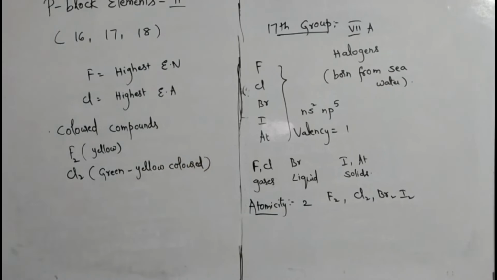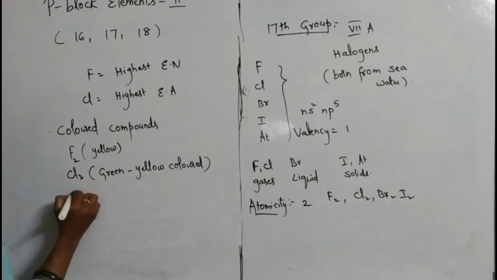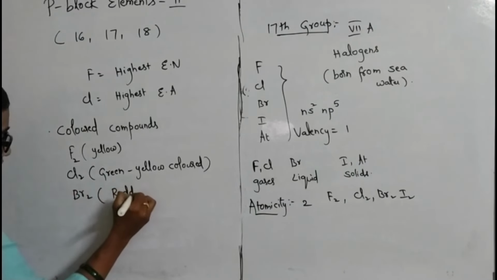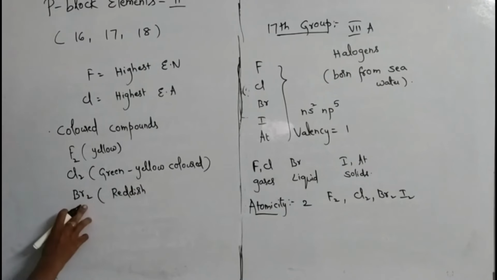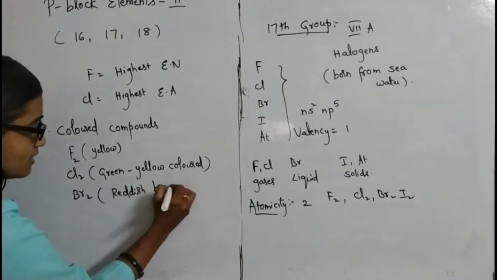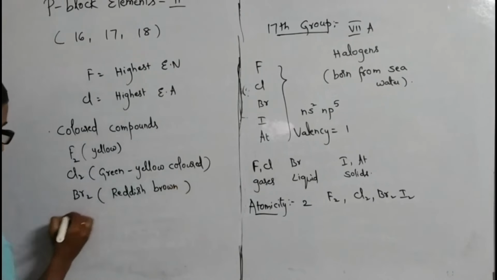The flame color is also greenish yellow. Bromine Br2 forms reddish brown colored compounds. Bromine water also appears reddish brown in color.